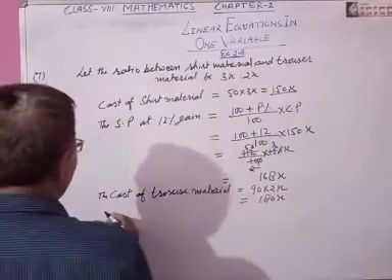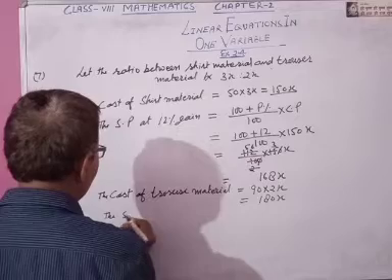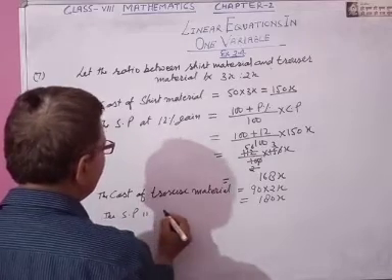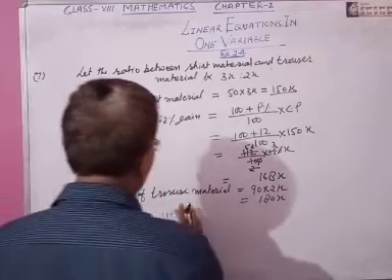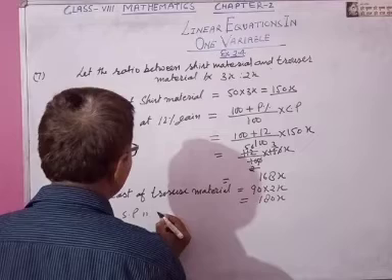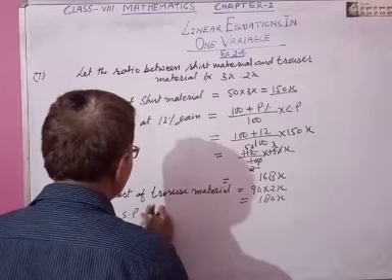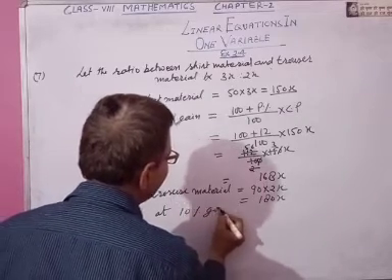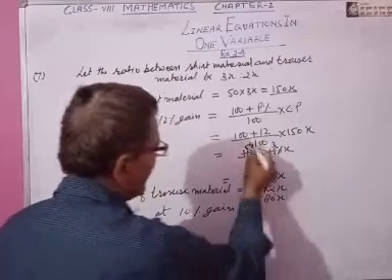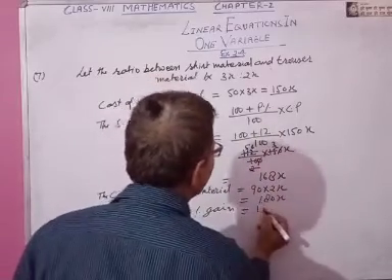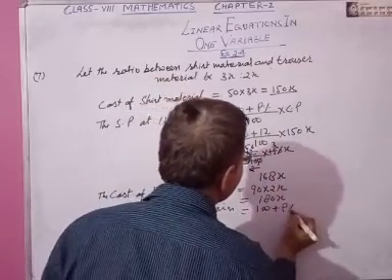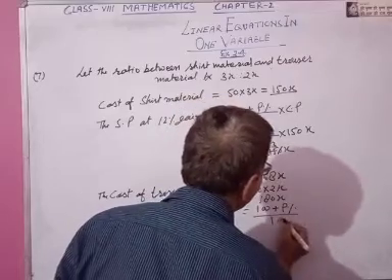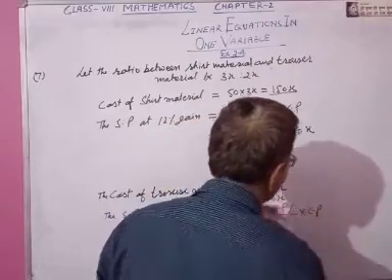The selling price, SP, of trouser at 10% gain. Formula will be same: (100 plus profit percent) upon 100 multiplied by cost price.